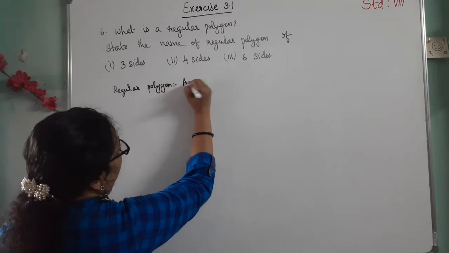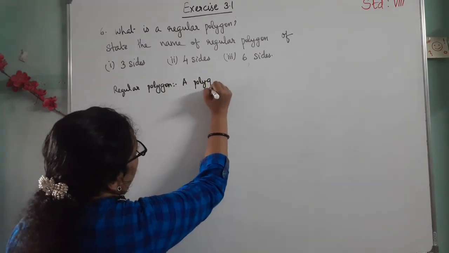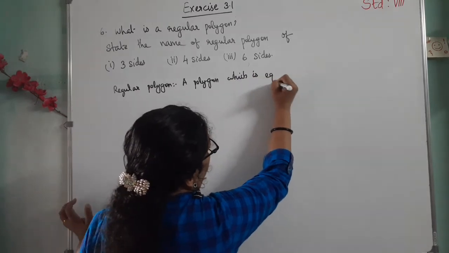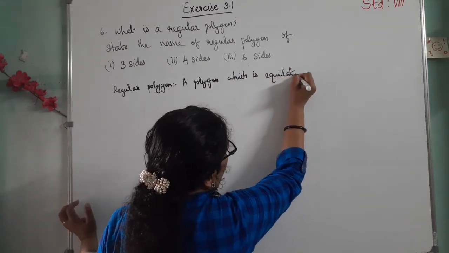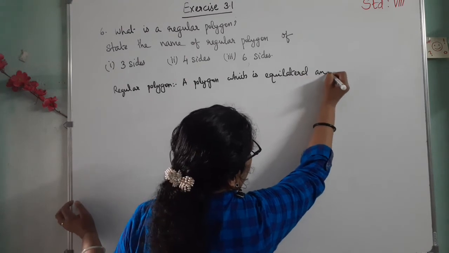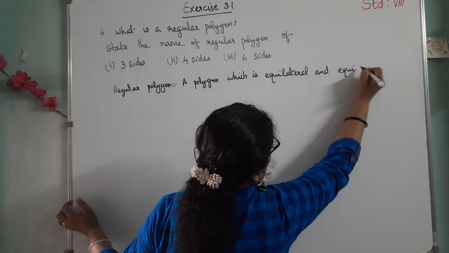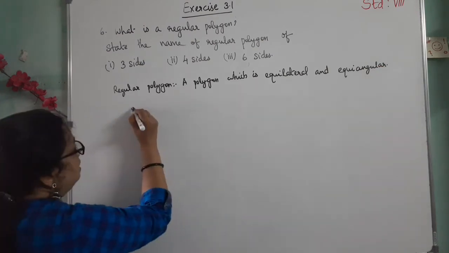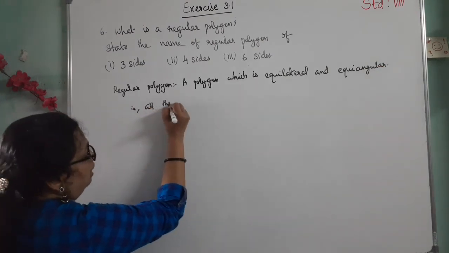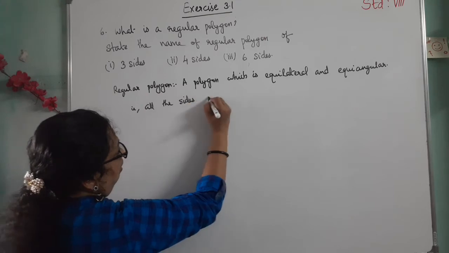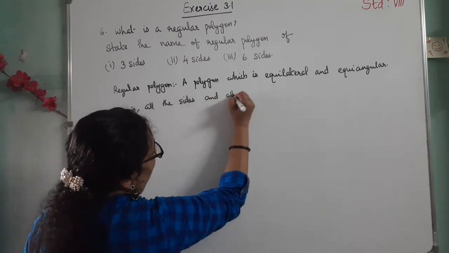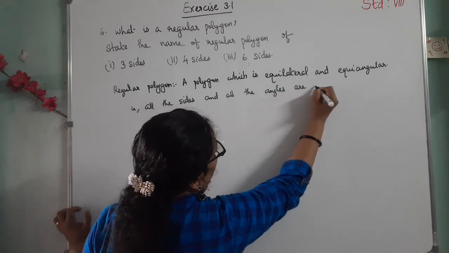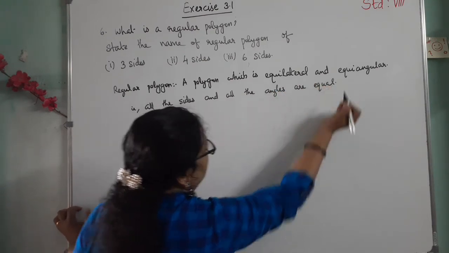It is a polygon which is equilateral and equiangular, that is, all the sides and all the angles are equal. That type of polygon is a regular polygon.